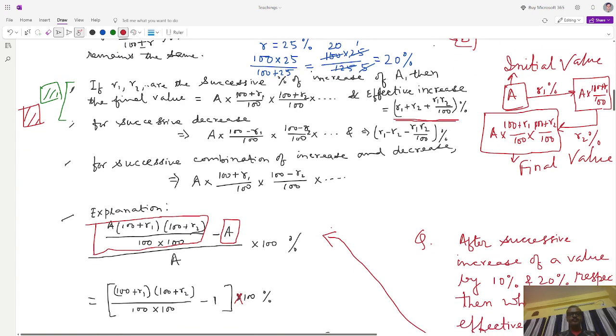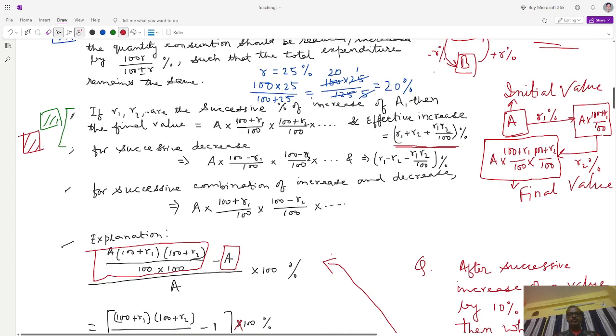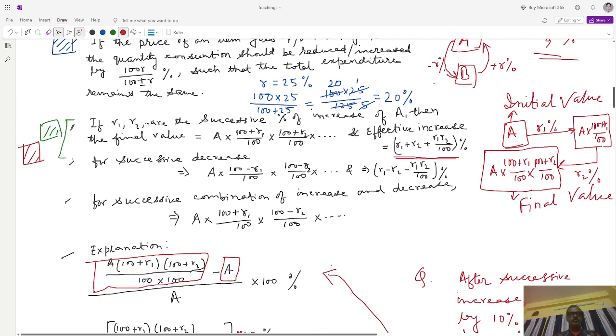Okay. In this case, successive percentage of increase is similar to compound interest. Okay.